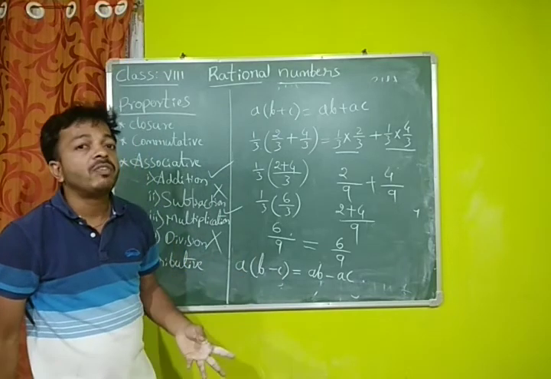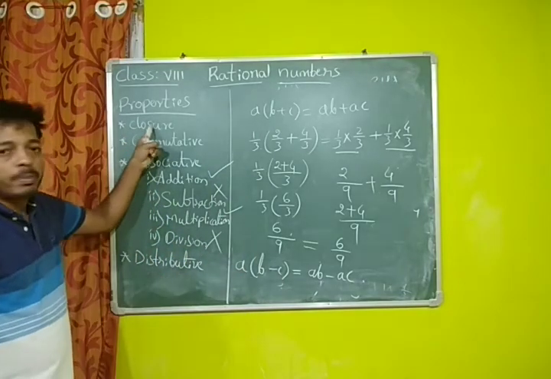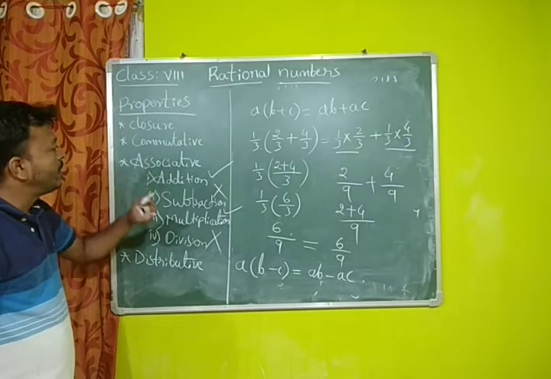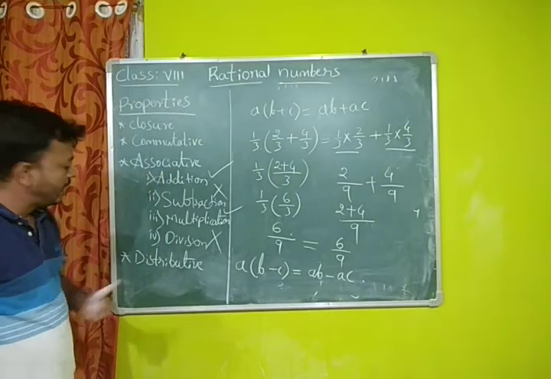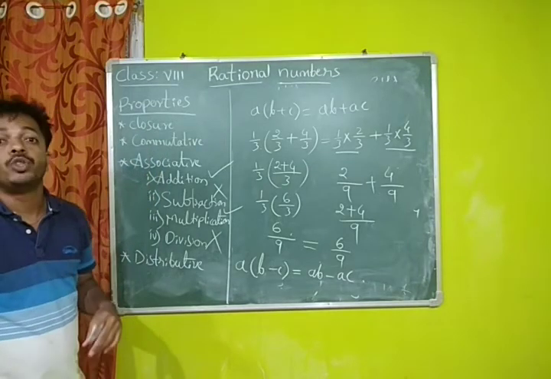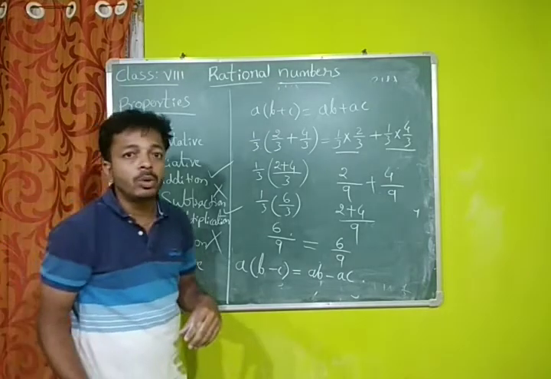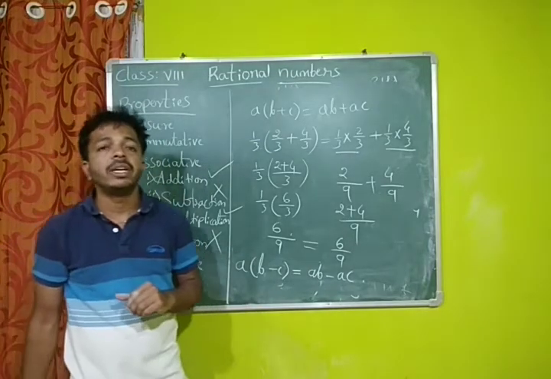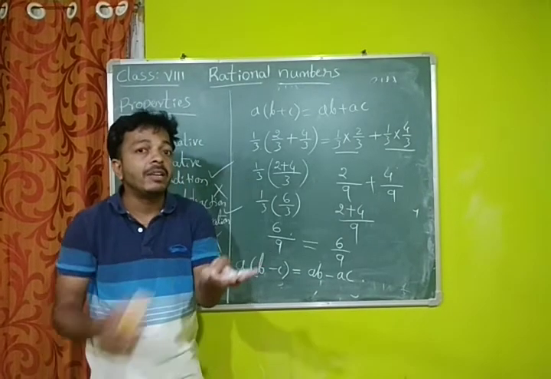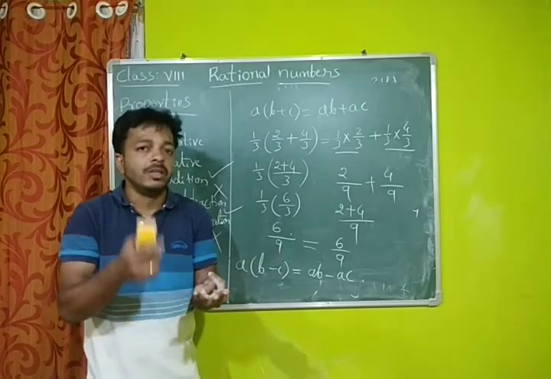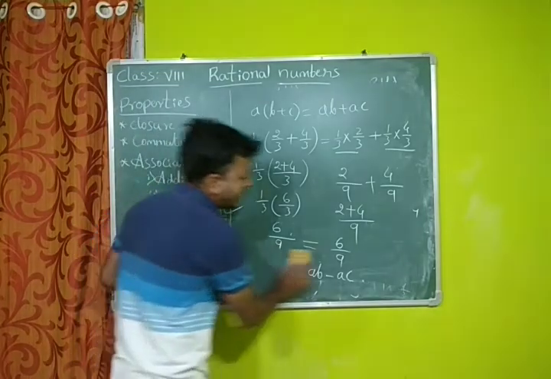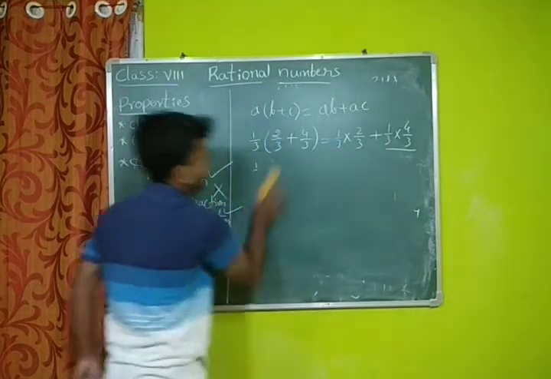So now what did we learn? Closure property, commutative property, associative property, and finally distributive property. Apart from this, yesterday I told two important things are there. One is identity, another one is what? Inverse. Good. So identity and inverse we can check now.